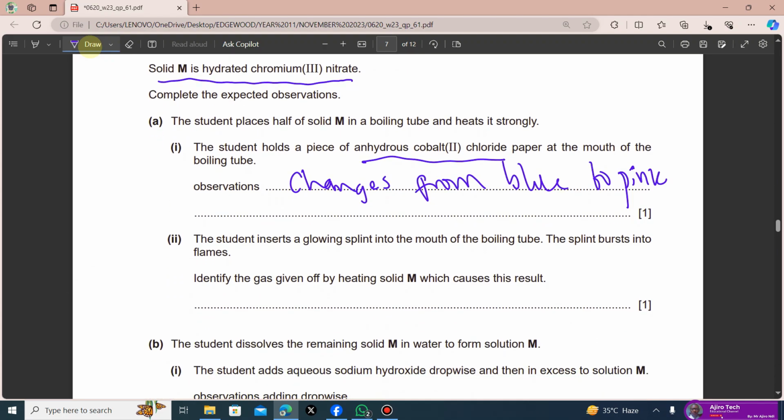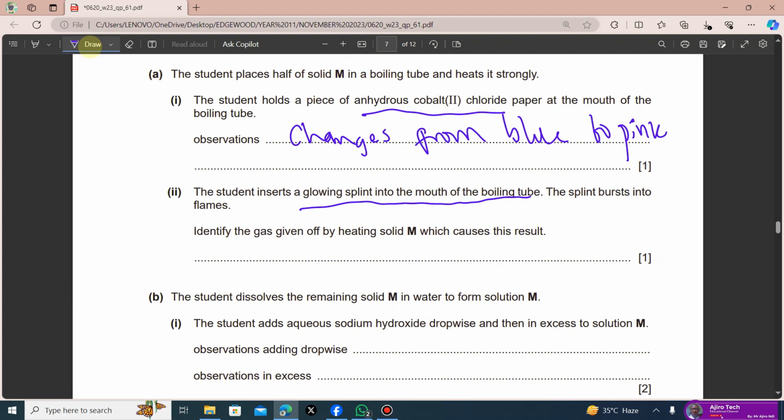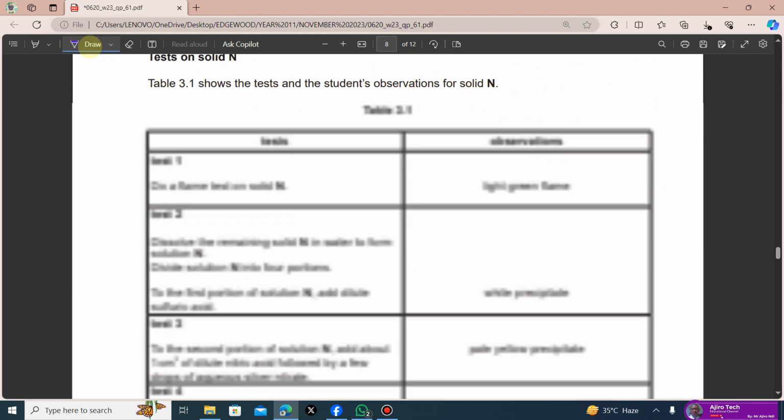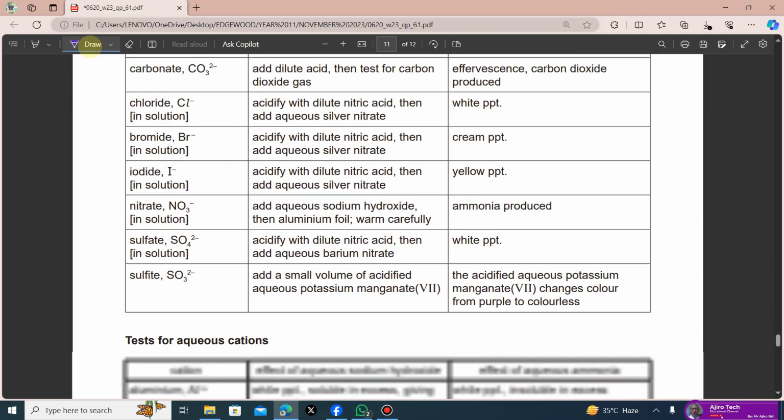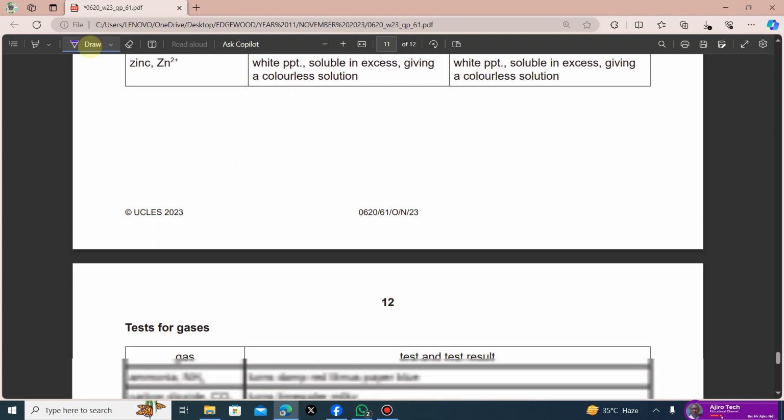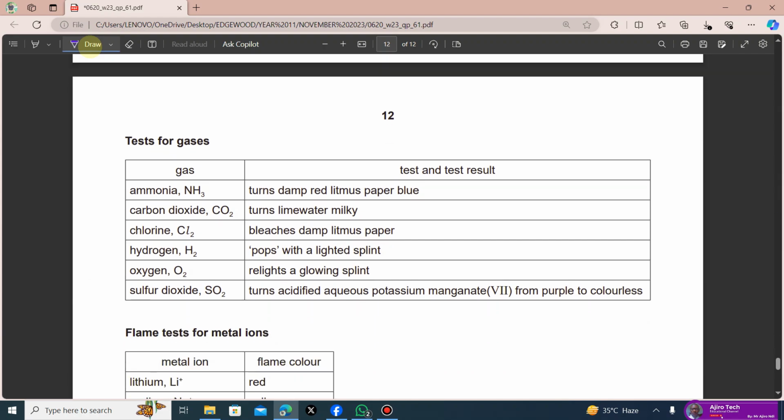Now the student inserts a glowing splint into the mouth of the boiling tube. The splint bursts into flames. Now, if you've forgotten, it says identify the gas given off. All you need to do is consult the table of information given for the test for gases, because the gas given off can reignite a glowing splint.